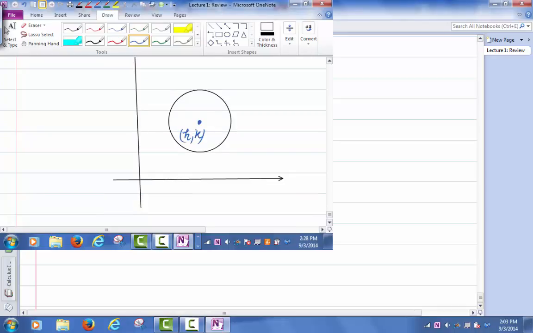So h and k are the coordinates of the center, and the radius is given by r. So what's the equation of this circle? x minus h squared plus y minus k squared is equal to r squared. So that's the equation of a circle of radius r centered at the point (h, k). Everybody's okay?